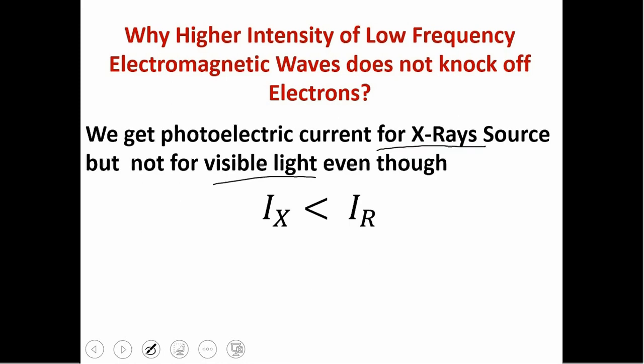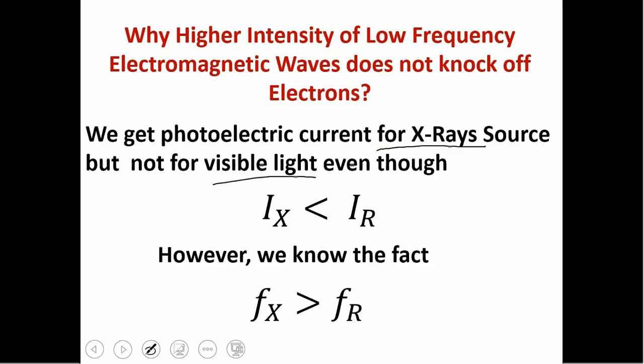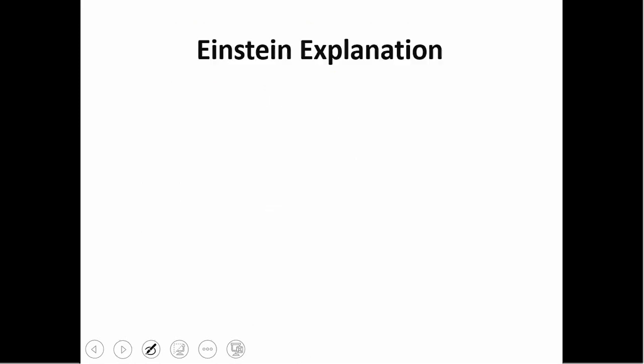But wait, we know one thing, that the frequency of X-rays is greater than the frequency of red light, and Einstein proposed that all electromagnetic radiations are made of packets, and one packet has energy equal to E = hf.